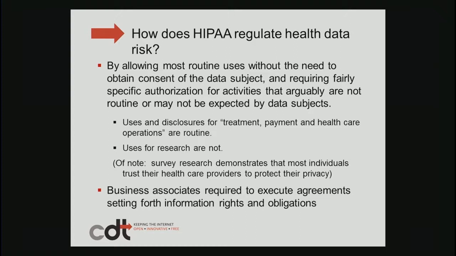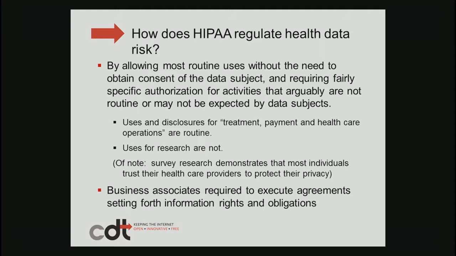The other way that HIPAA regulates based on risk is to allow most of what are considered to be routine uses by healthcare system entities without needing to get express consent or even general consent from the patient. That HIPAA form that you sign in a doctor's office is not a consent. It's just an acknowledgement that you've read the notice of privacy practices. Many people misunderstand that. A healthcare entity can use your information or disclose it for what are called treatment, payment, or healthcare operations, a bunch of administrative tasks, without having to ask you about it first.